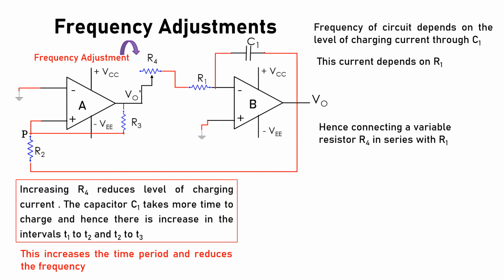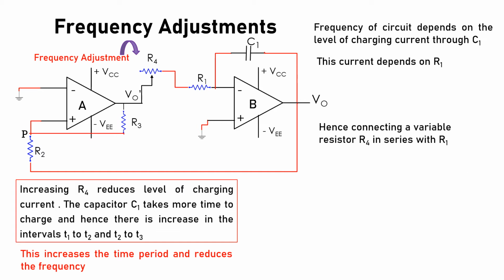Hence the time intervals T1 to T2 and T2 to T3 increase. When the time intervals increase, the entire time period of the output waveform also increases, and when the time period increases, the frequency decreases. So by increasing the resistance R4, the frequency decreases.